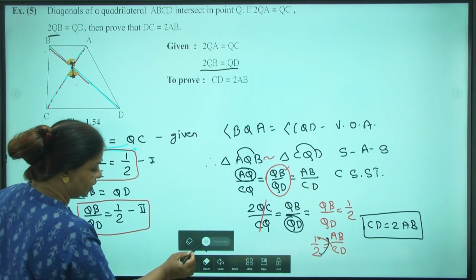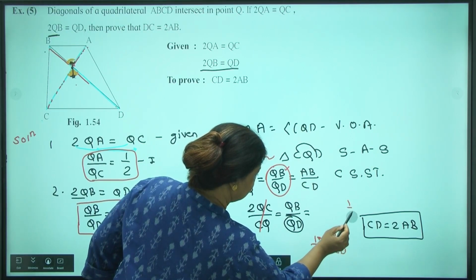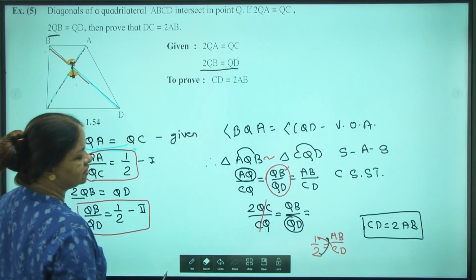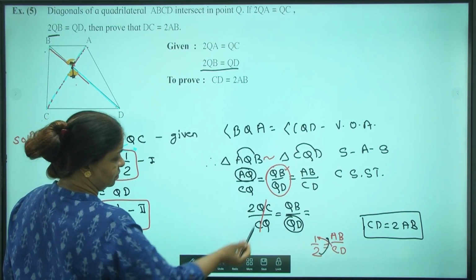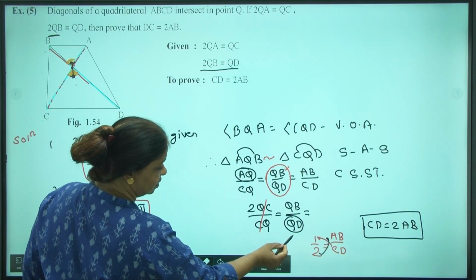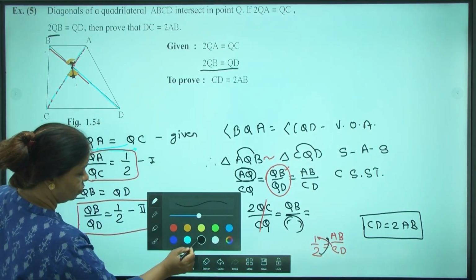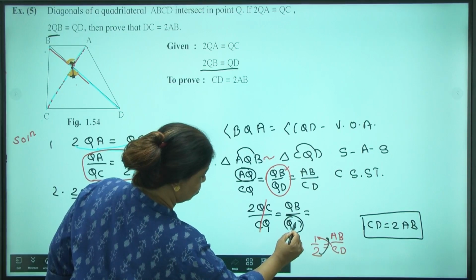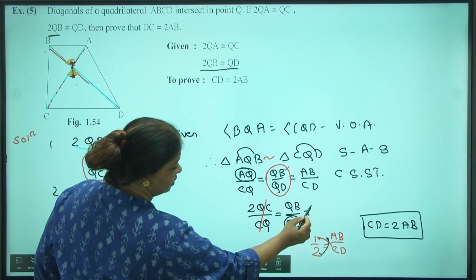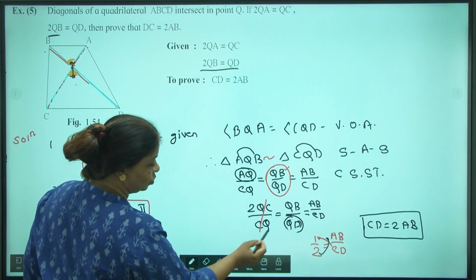Children, here I have done this. There is no need of writing this. Even if you write, no problem. Already QB upon QD is 1 upon 2. So even if you place the value here, QB upon QD is 1 upon 2. Then which is equal to AB upon CD, because both are equal to 1 upon 2.